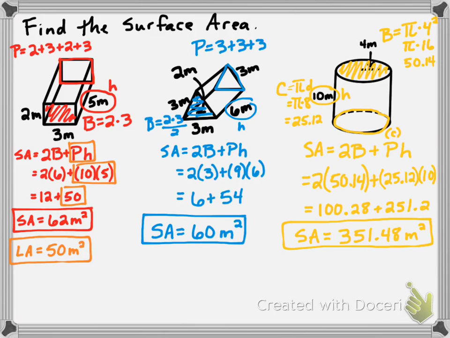The same thing for the triangular prism. The perimeter times height is your lateral area, so that's the 9 times 6, so the 54. The lateral area is 50. Excuse me, that should be 54 meters squared.